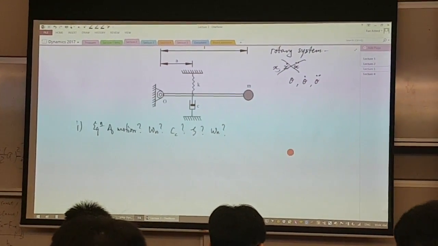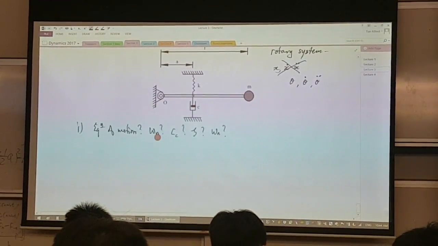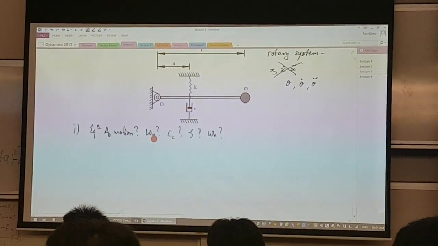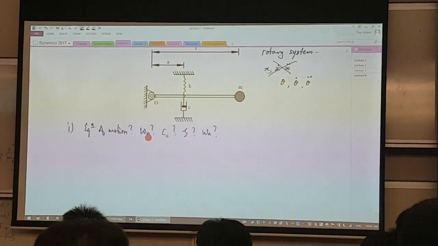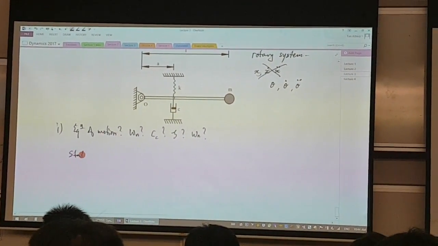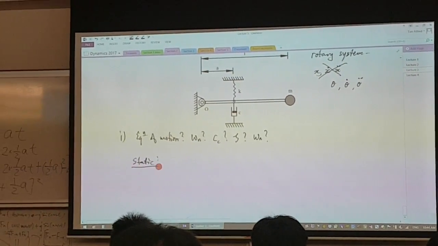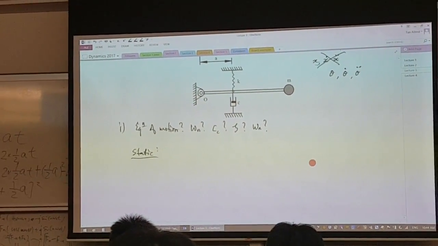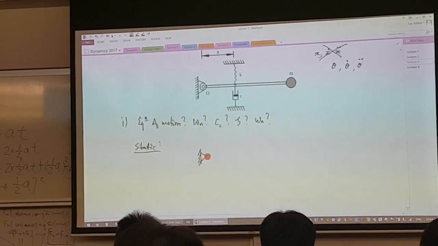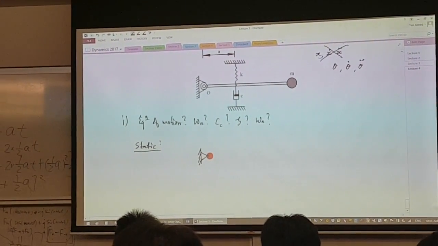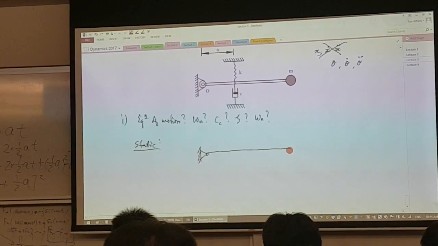So in order to find out all those, first thing first is to sketch the free body diagram. We're going to sketch the free body diagram for the static case. So see how I'm going to sketch. Since it's not moving, static, it's going to go straight.